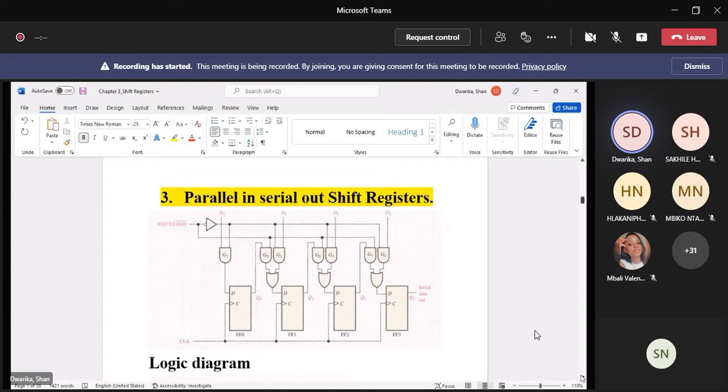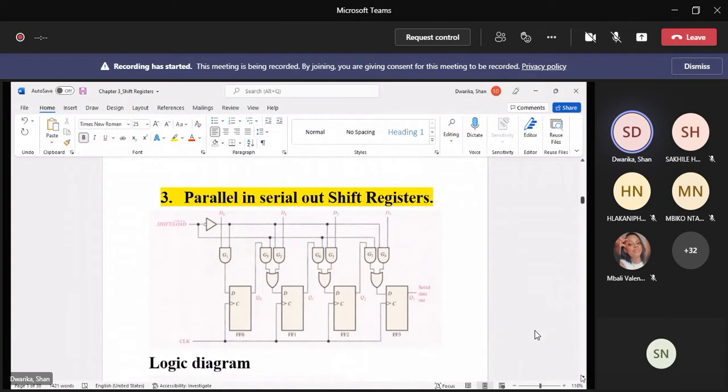Basically, when the shift load is at a certain level, the gates G1, G2, G3, G4 are clocked, pushing the data into the OR gate. And when the shift load is at the other level, it clocks the data from one stage to the next, serially out of the 4 flip-flops.